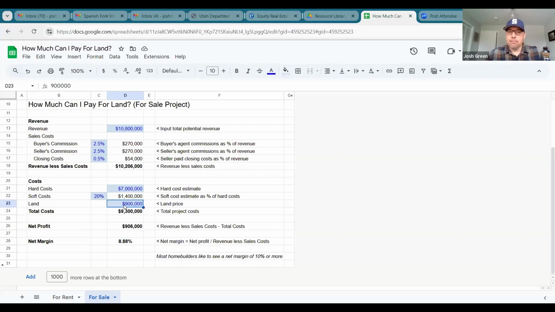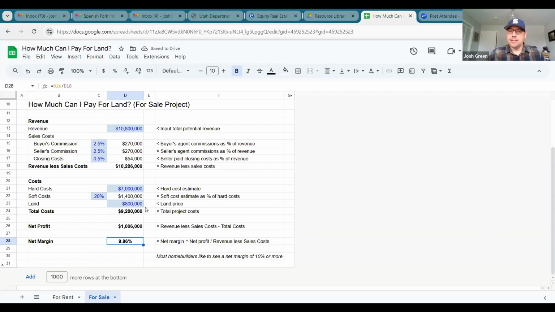Well, if you need to make a minimum of a 10% net margin, then that means this land price has got to go down, right? So you can start playing with this. Can you buy it for 850? That gets you a little bit closer. Could you buy it for 800? Okay, that gets you even closer.